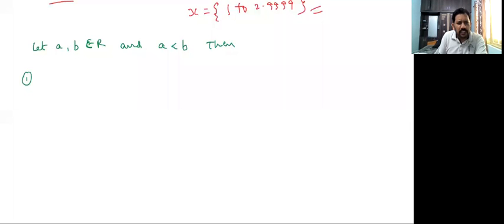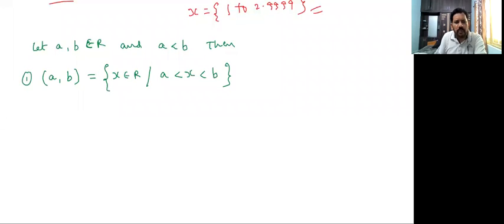This is the first point: open interval a comma b is equal to, for all x belonging to R such that a is less than x, which is less than b. It is called an open interval.